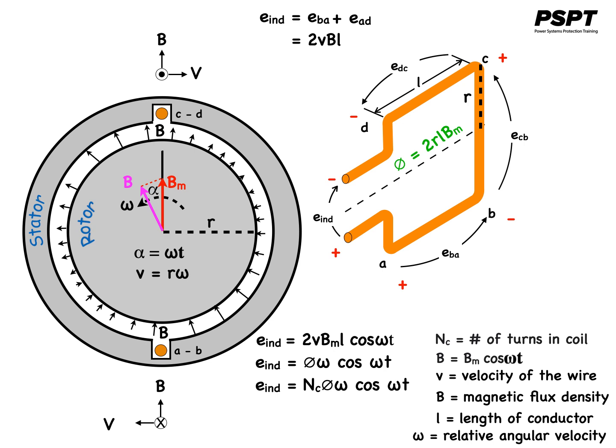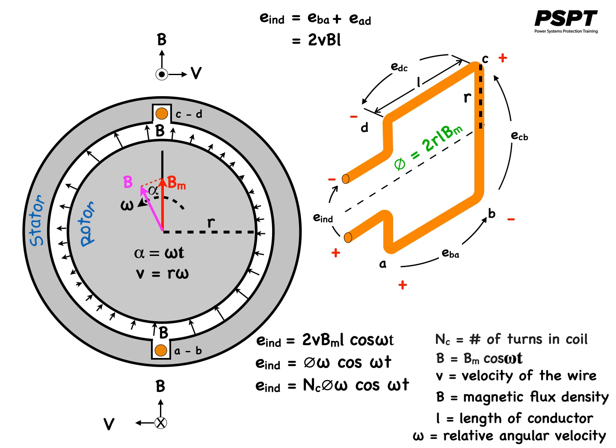Notice that the voltage produced in the stator of this simple AC machine winding is sinusoidal, with an amplitude which depends on the flux phi in the machine, the angular velocity omega of the rotor, and a constant depending on the construction of the machine, NC, or the number of turns in this case.